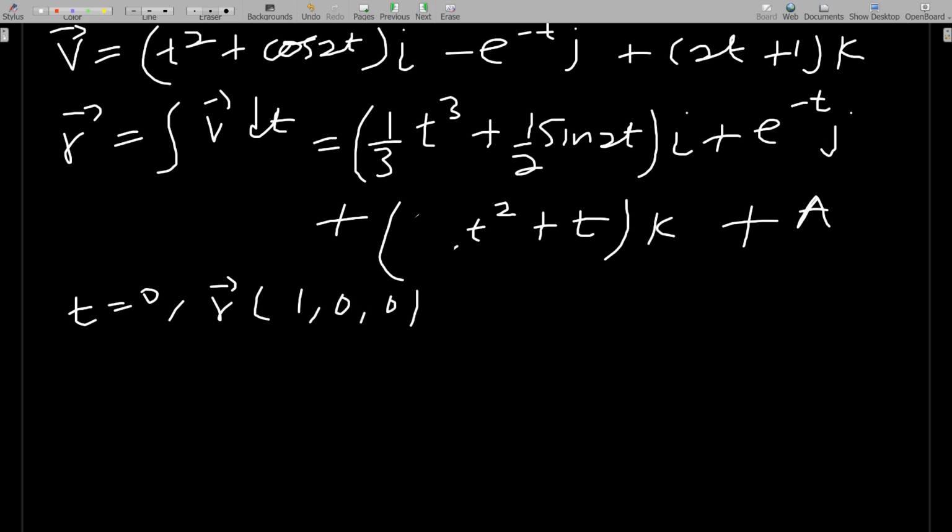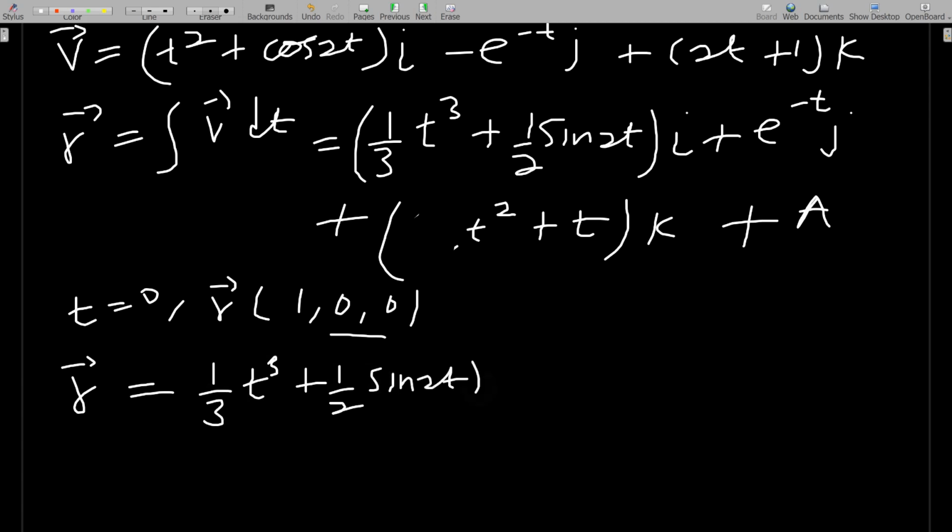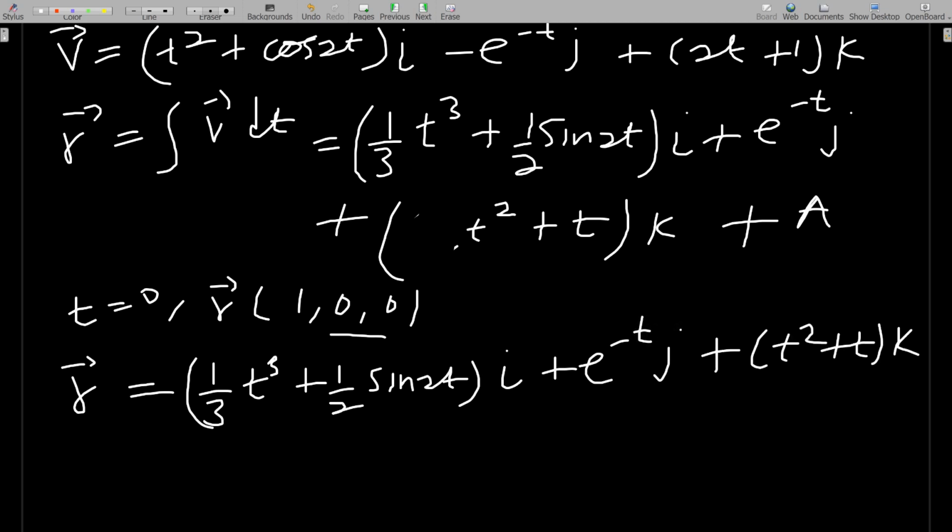So therefore, let me rewrite the position vector for you to see it clearly. I have 1 over 3 t cubed plus half sine 2t, then i, plus e to the minus t j plus (t squared plus t) k, all plus a certain constant a.